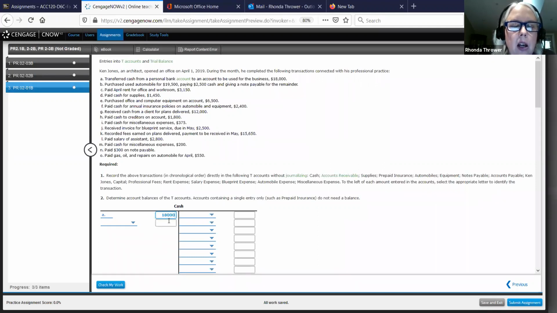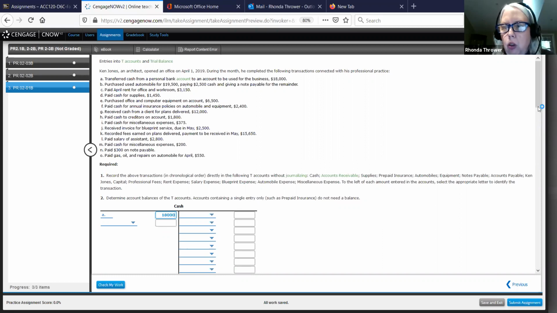I need another account to balance out this A transaction. The other part of this is going to affect the capital account, which is owner's equity, because the owner made an investment in the business. His owner's equity has increased.